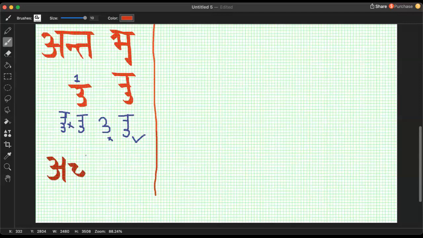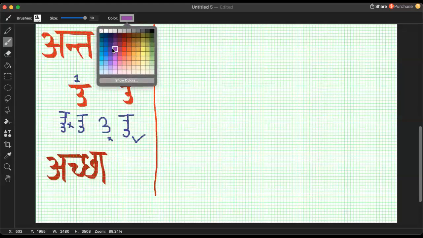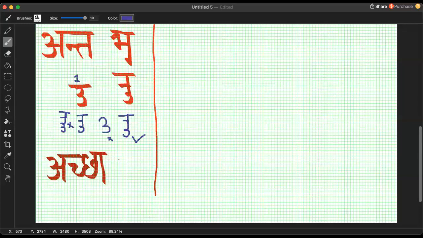This is the Devanagari word that I'm writing. "Achha". If you write this in Sharada, "a" will remain the same, no change.